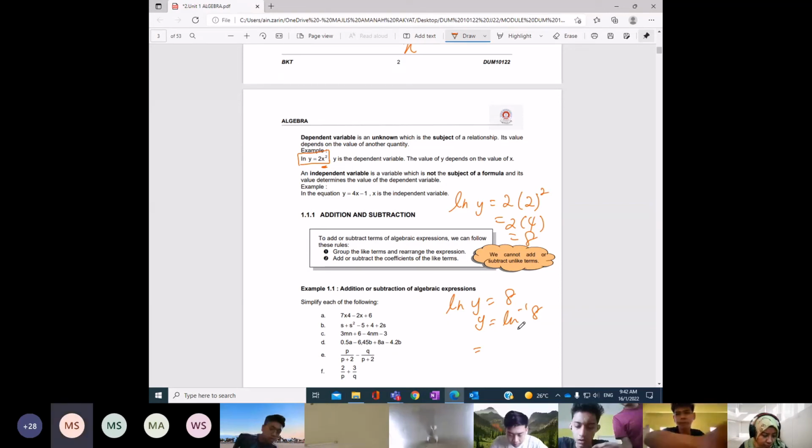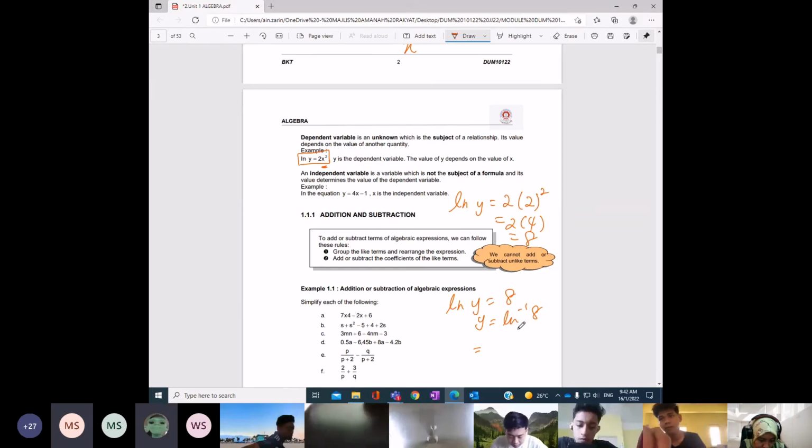You jumpa? You tekan button apa? Saya tak nampak lah pula inverse ln. Kita ada ln kat situ, ln kan? Tekan shift, lepas tu ln. Shift ln jadi exponent.